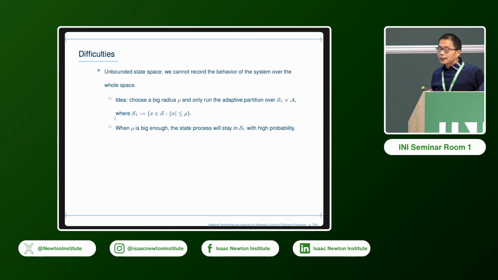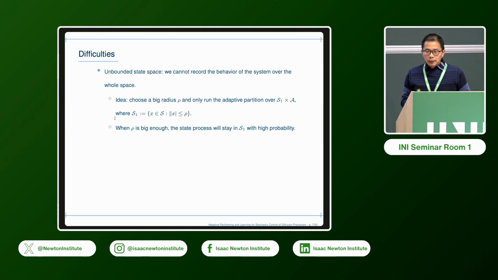So our idea to tackle it is, at the beginning, we choose a big ball, and we only do this adaptive partition over this big ball. For those states going out of this big ball, we ignore them, and we deal with that case by the probability that the state process goes out of the ball, which is very, very low.